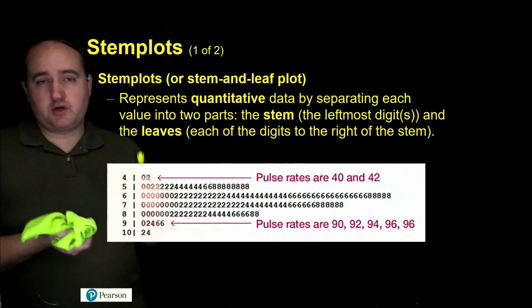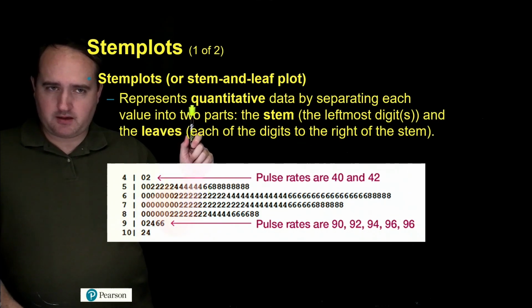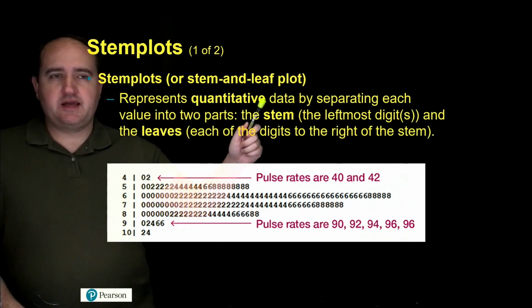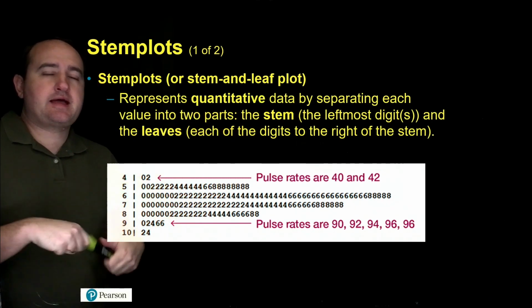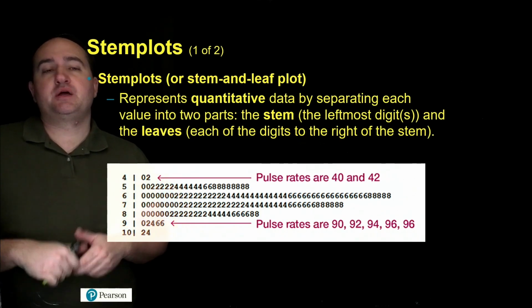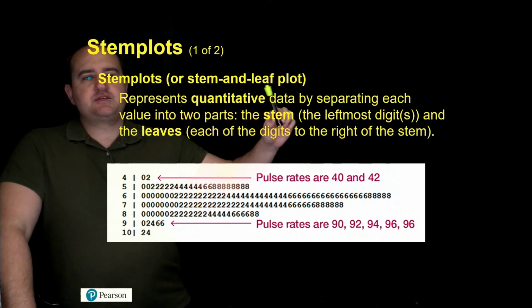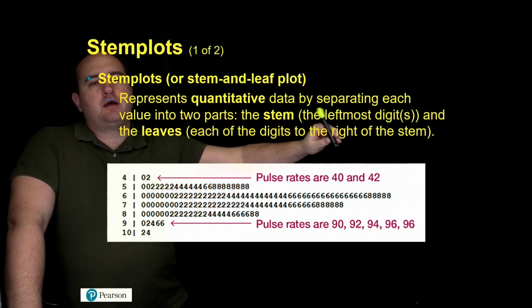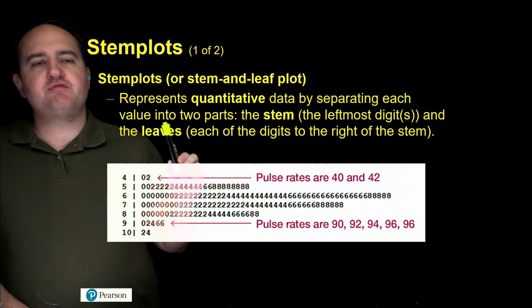Again, you should remember what quantitative means by now, but just in case you don't, we'd already talked about it on this video. Quantitative just means that the data have to be numbers that count or measure something.